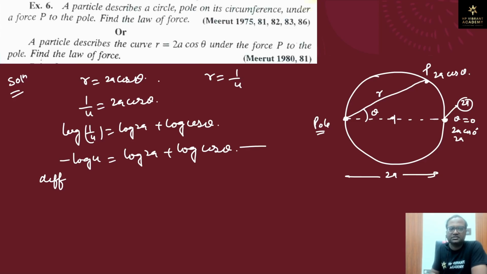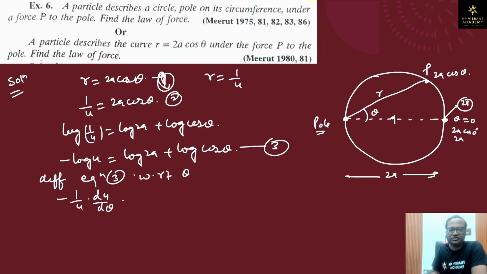Let us take these as equation 1, 2, and this is 3. So let us differentiate equation 3 with respect to theta. So we have minus 1 upon u into du upon d theta is equal to 0, since log 2a is constant, plus 1 upon cos theta into minus of sin theta. So we have du upon d theta is equal to u tan theta.